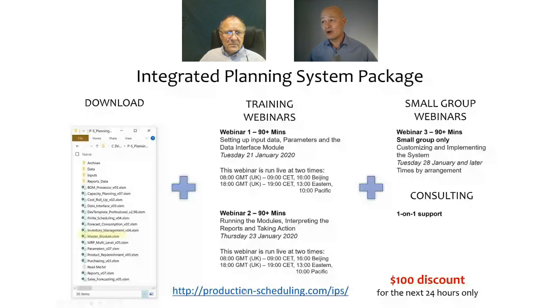So we've got the integrated planning system ready to download. Over here, you see it's a folder with a number of workbooks in it. Each of these workbooks performs one of the steps that we have just outlined, but they work in a flow. This master module is the only thing that you need to run in order to generate these steps of the process automatically, running all the way through until you get the final reports.